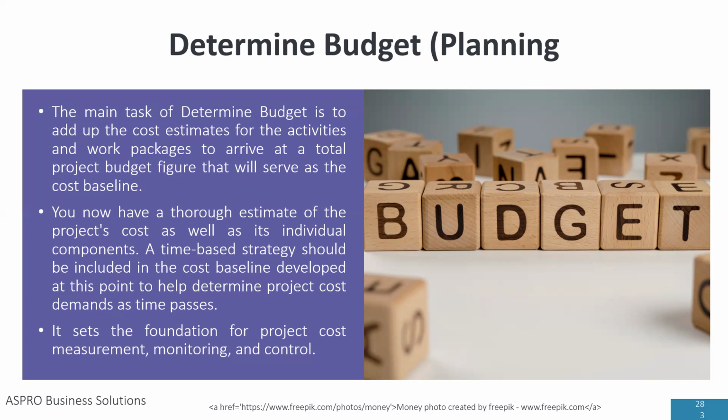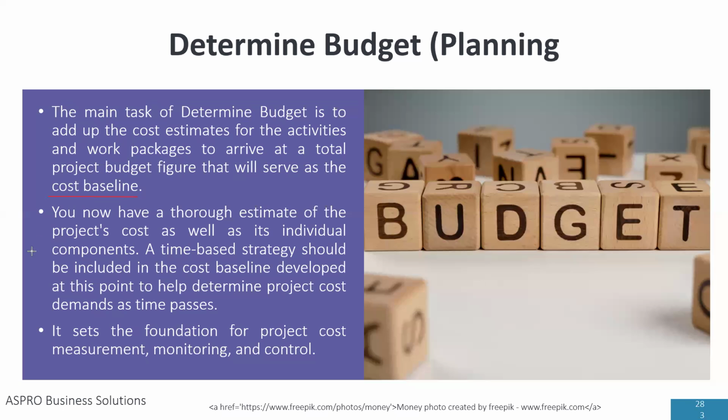So determine budget is where we add up all the cost of project activities to create what we call a cost baseline. All the project activities are added up to create the cost baseline.